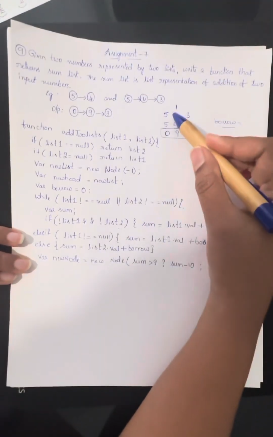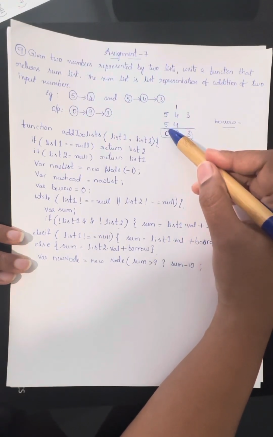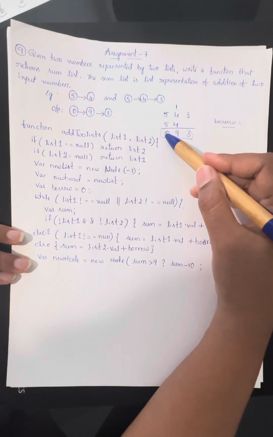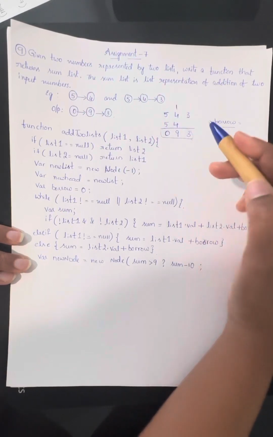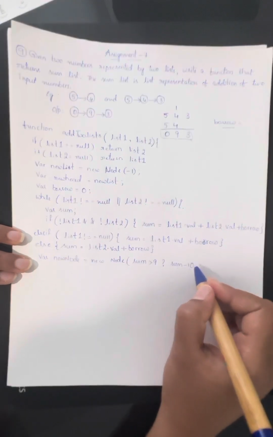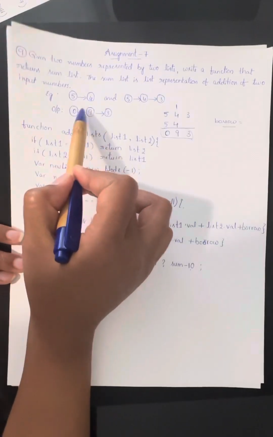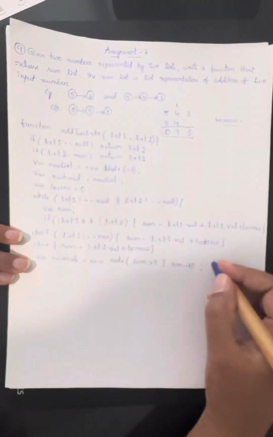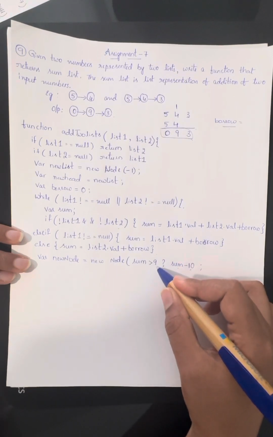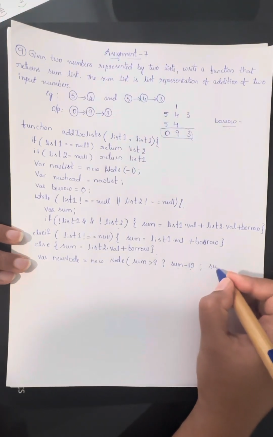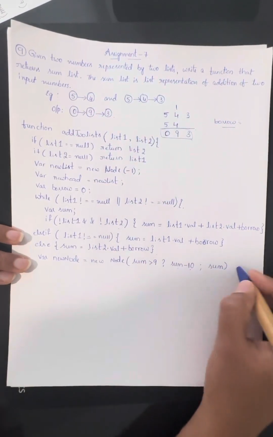This is because if we add these two we'll get 10, and in the sum we are adding only 0, but this 1 is going as borrow, so we need to make sum minus 10. In this problem I'm assuming all these values are 0 to 9, and if sum is not greater than 9, then we just store the sum as the value of this new node.